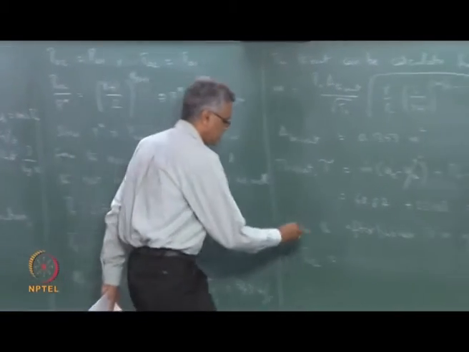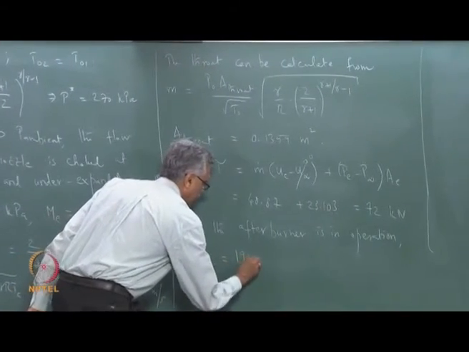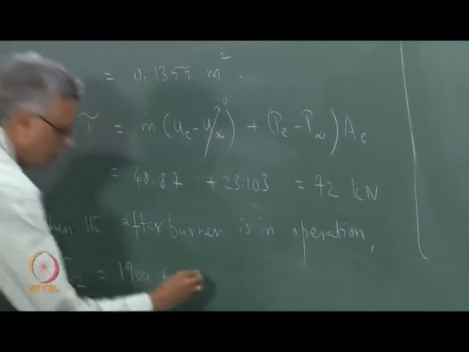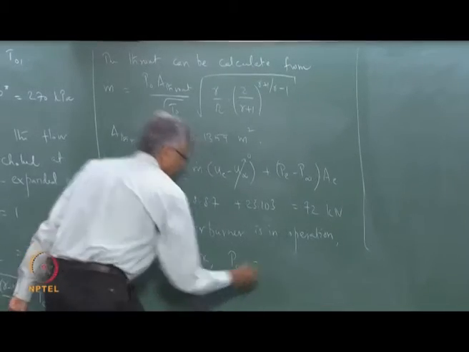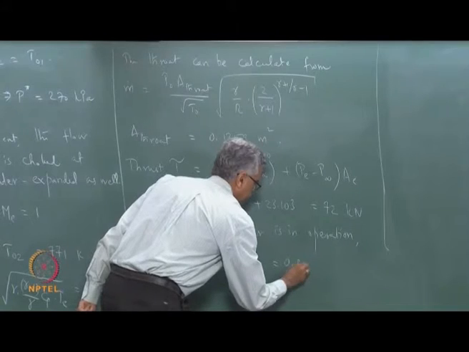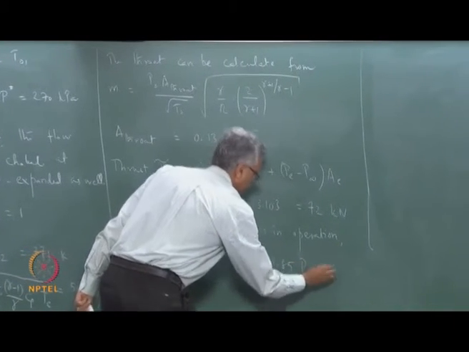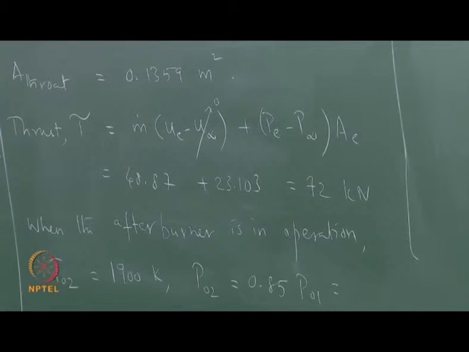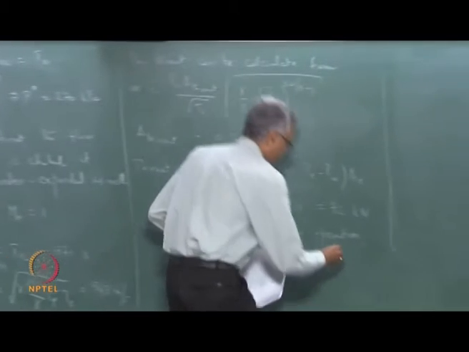T02 is given to be 1900 Kelvin and P02 is given to be 0.85 times P01. It said that there is a 15% loss of stagnation pressure. So, this comes out to be 0.85 times P01, and that is nothing but 425 kilopascal.